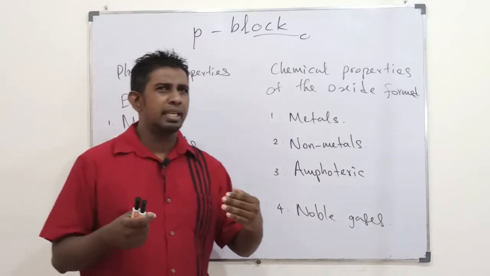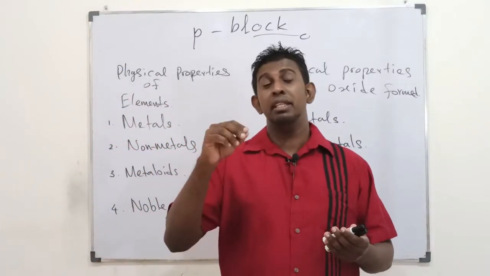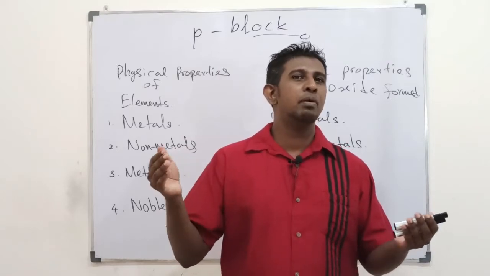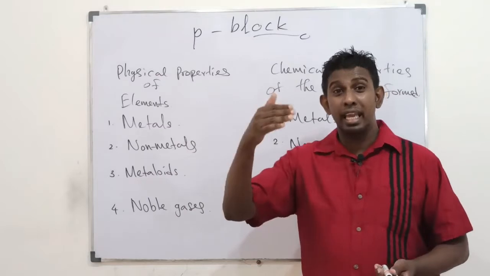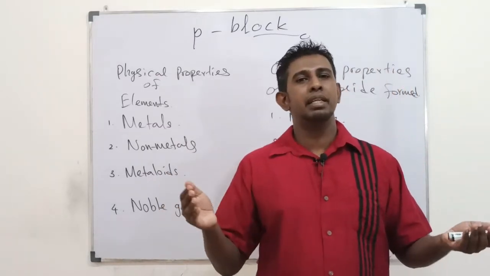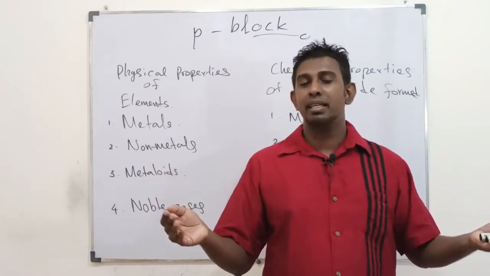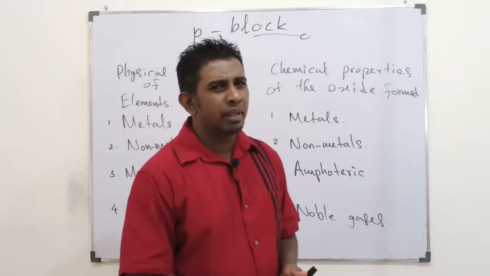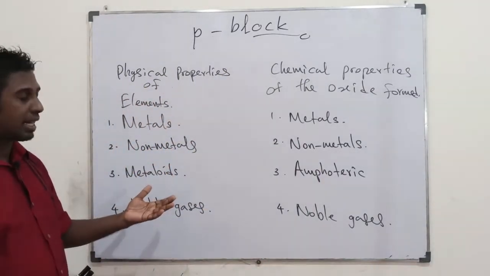Therefore, when you name them as metals, you have two contexts to think about. If they are naming these based on the physical properties of the element, then metals are those elements which have electric and thermal conductivity, ductility, malleability, sonorous sound, and metallic luster. Then non-metals are the elements that exhibit totally opposite character.